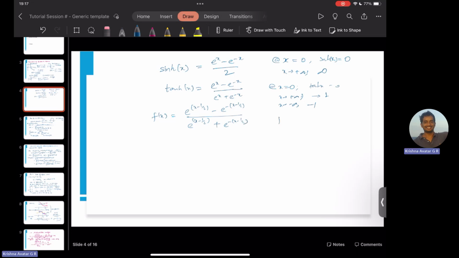So in this case, f of x is equal to 0 at x is equal to half. Fine, so far so good.